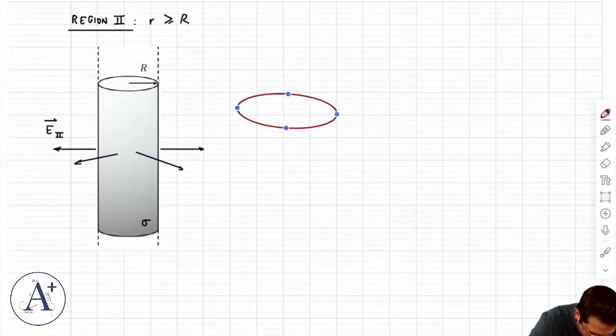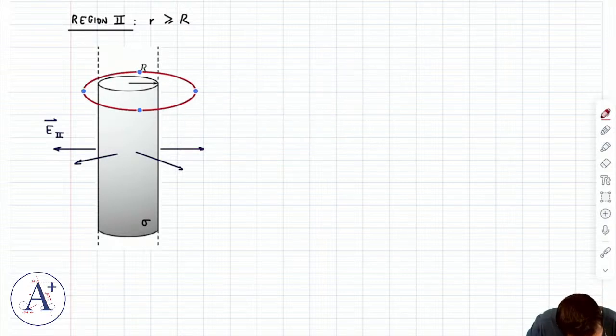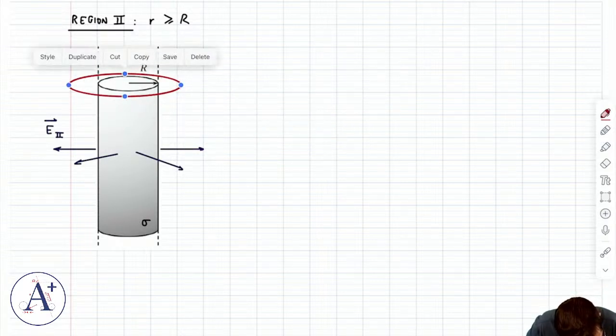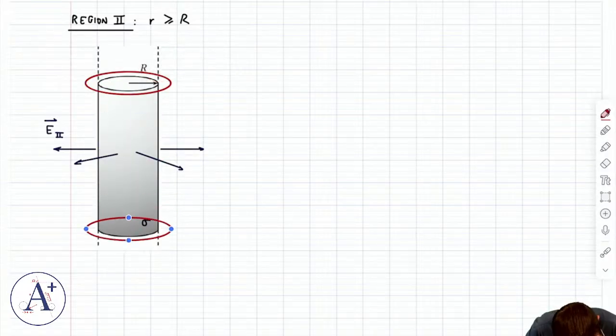And we're going to draw a Gaussian cylinder that is going to live outside of our actual cylinder because we want to find the electric field in region 2, and therefore our Gaussian cylinder has to live in region 2. So I'm going to draw my Gaussian cylinder.